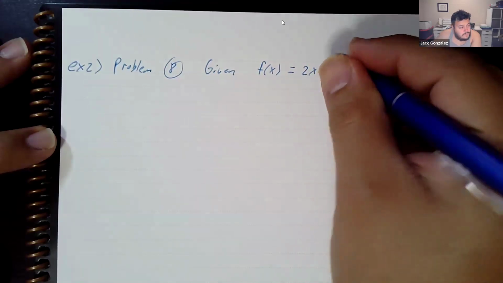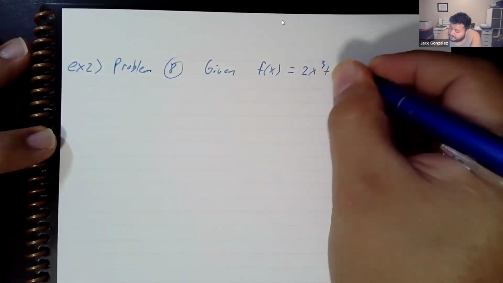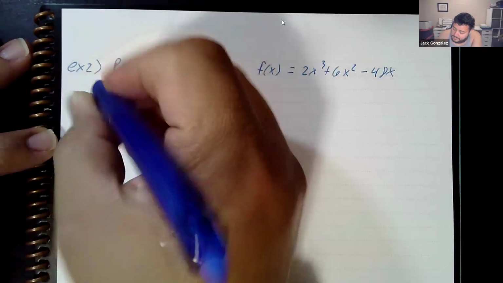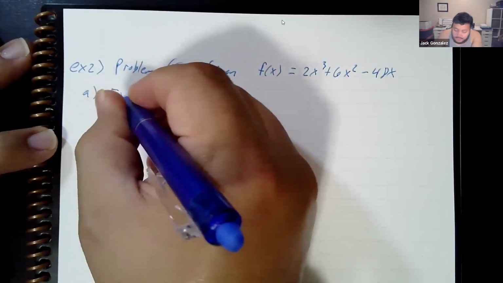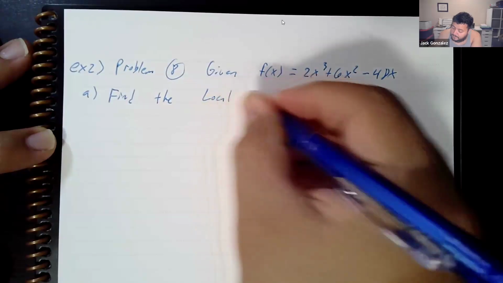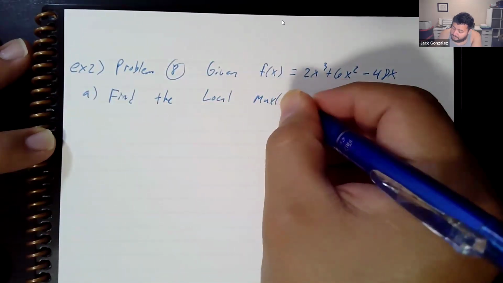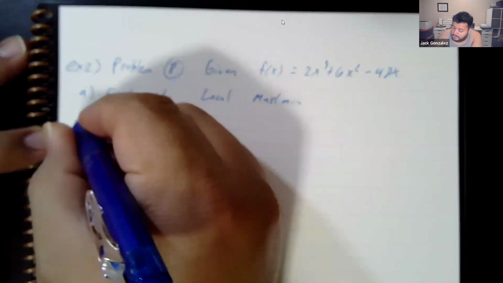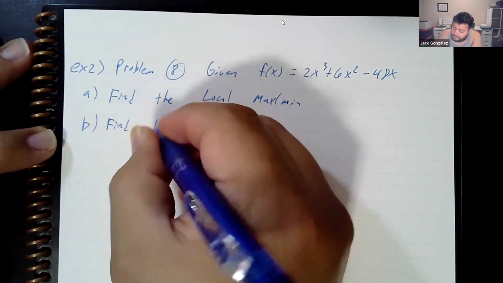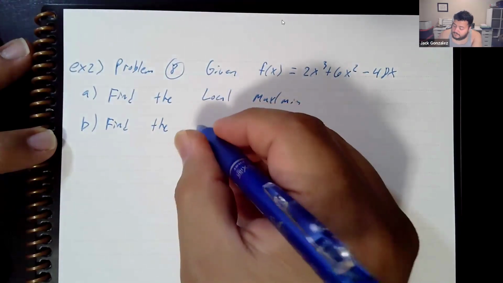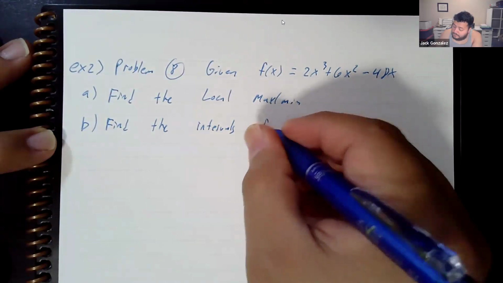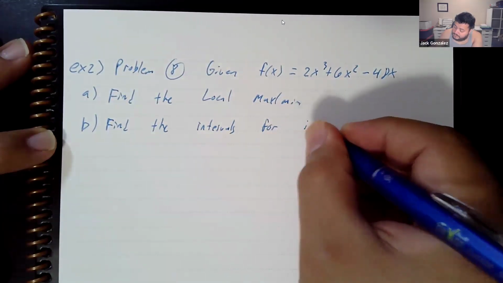We're doing this function 2x cubed plus 6x squared minus 48x. Part A says find the local max and min. B, find the intervals for increasing, decreasing.